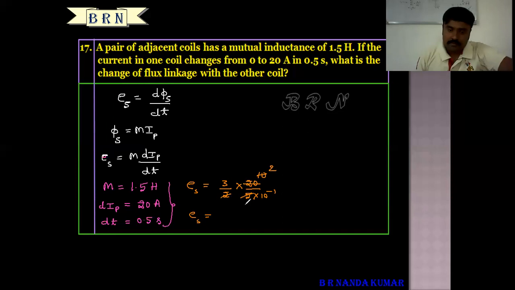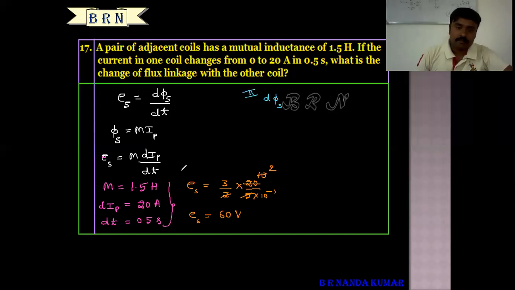So 6 into 10 is 60 volt. So this is the EMF induced in the secondary coil, but we want the magnetic flux linkage, correct? This is actually the first step, so it carries 1 mark.